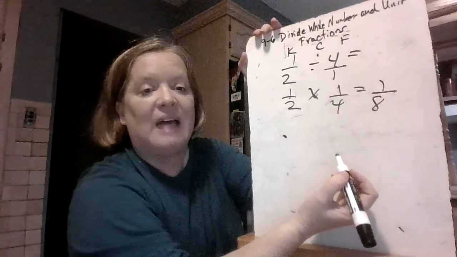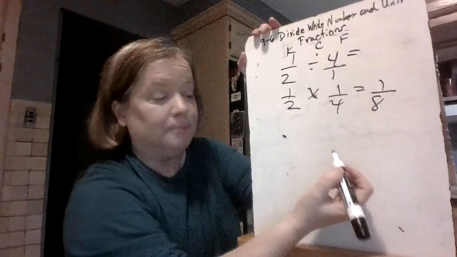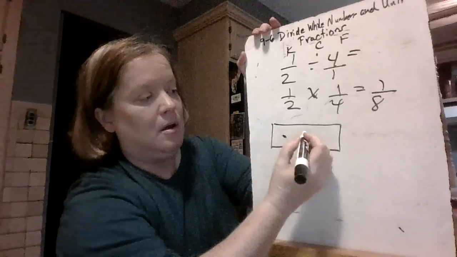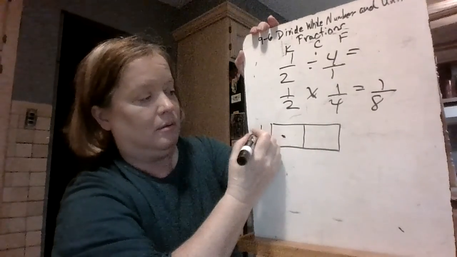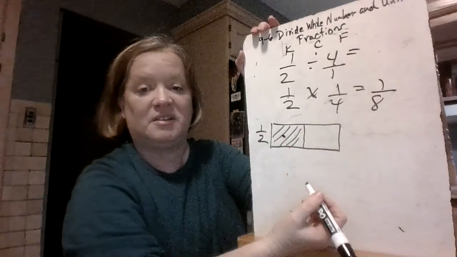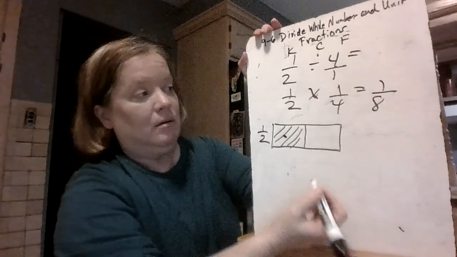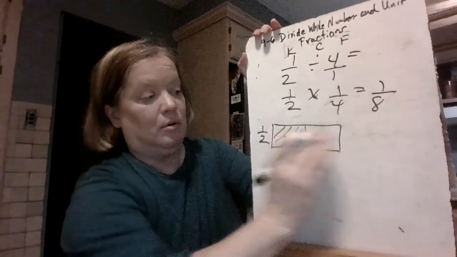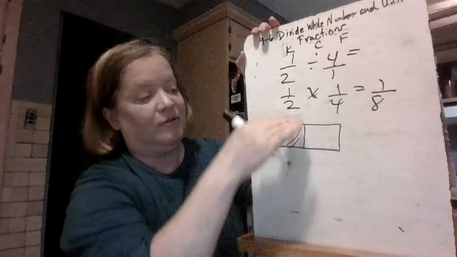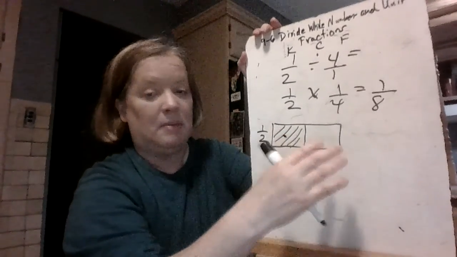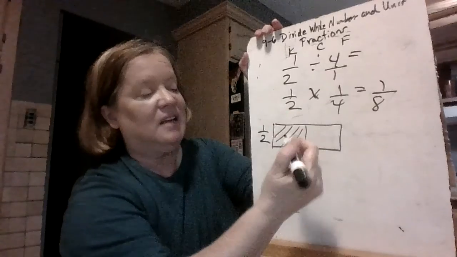But let's take a look at that as a model. So let's say I have a rectangle. I cut it in half and I shade one side of it. There's my half. But then I'm multiplying it by 1/4. Vertically I cut this down the middle and made halves, so now horizontally I have to make fourths.